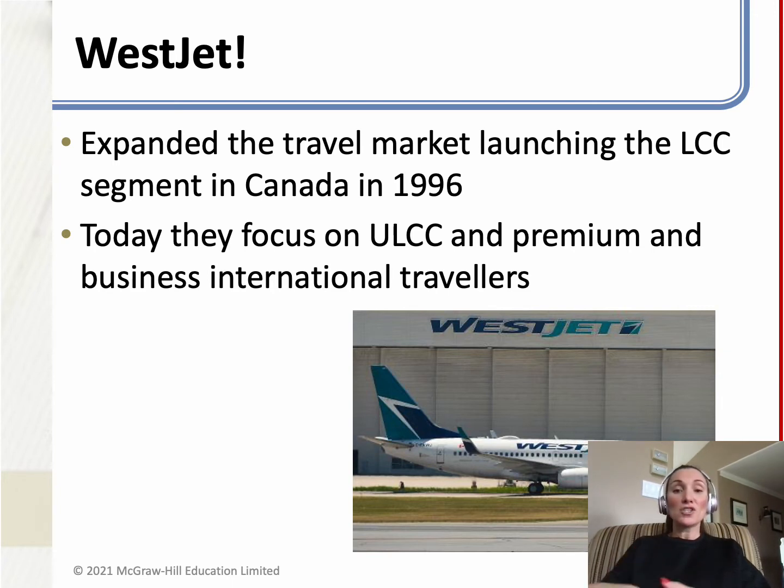So they launched their own low-cost carrier with 3 737 airplanes, which initially serviced 5 cities exclusively in Western Canada. They focused on only one type of aircraft, those 737s, just so they could control all the costs that went along with that aircraft.